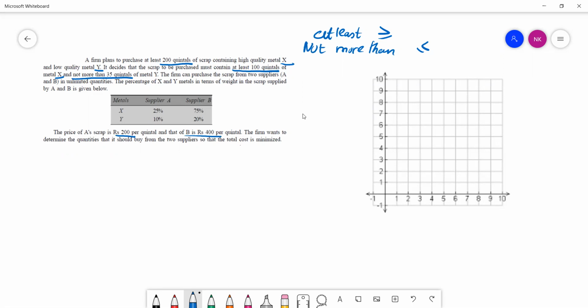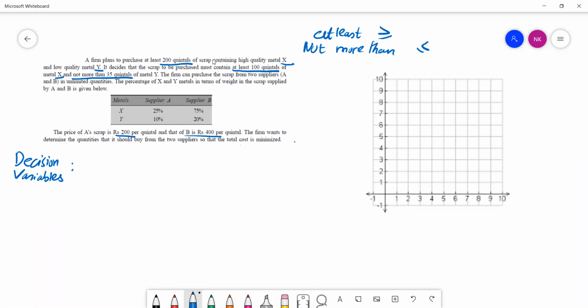So what is our objective function? Or before that, what are our decision variables? Sir, X1, X2.